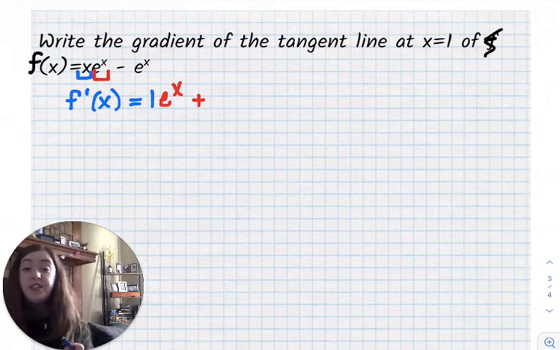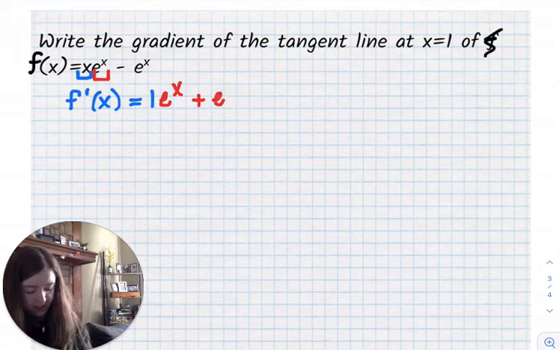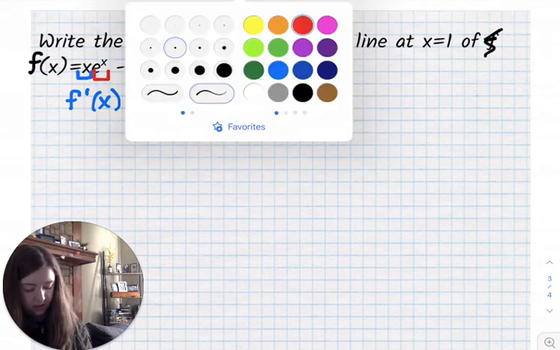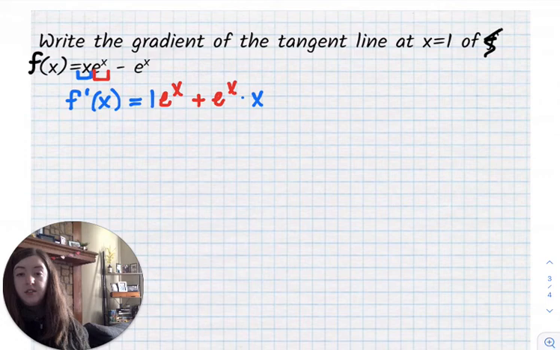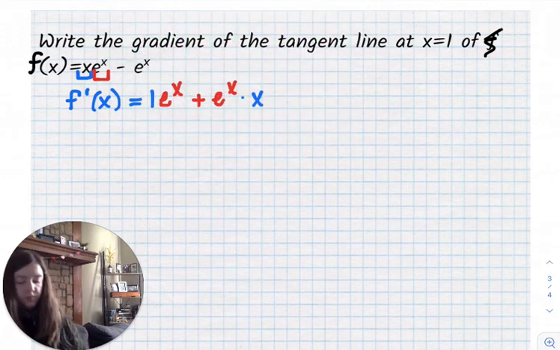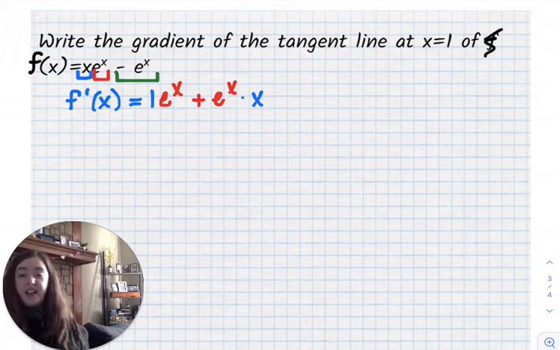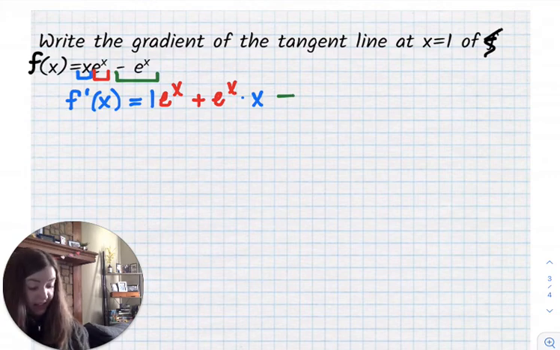So the derivative of the second, e to the x, is e to the x times the first, plain old x. Good deal. Then we have this minus e to the x over here on the end. We're going to deal with it separately. So we have minus. The derivative of e to the x is e to the x.